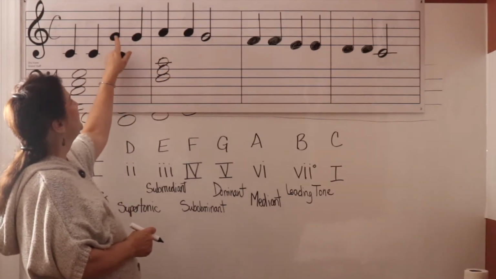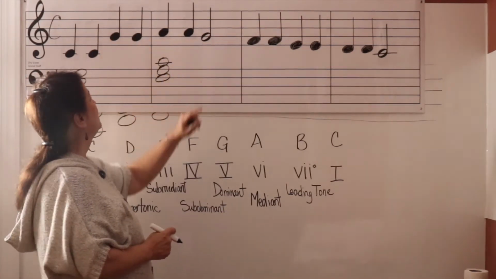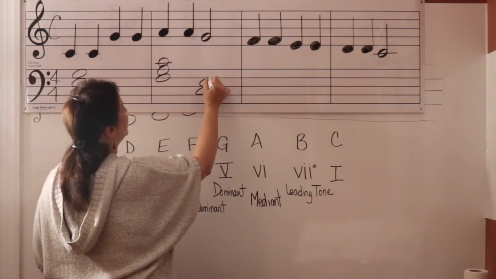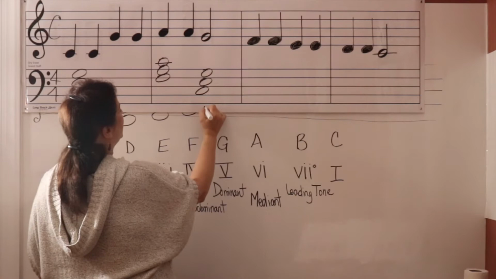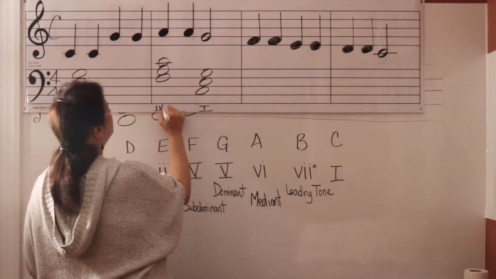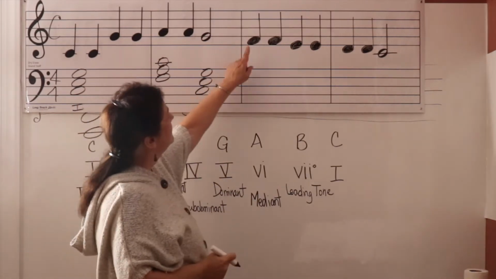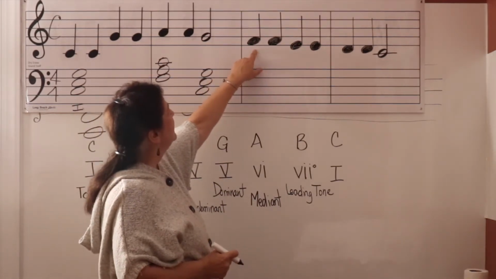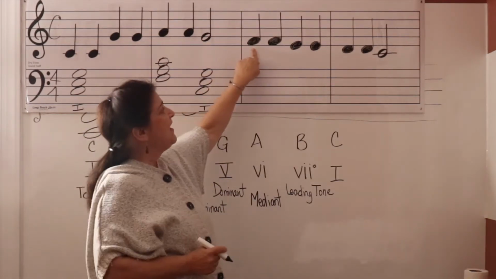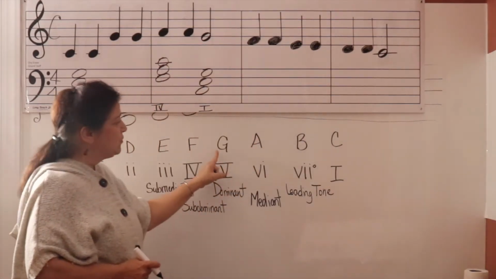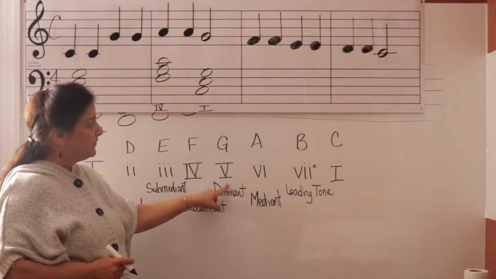C, C, G, G, A, G. So I can go back to that resting place. 1 again. This was 4, by the way. Now, I have here an F. F also happens to be in our G chord, which is the 5 chord.